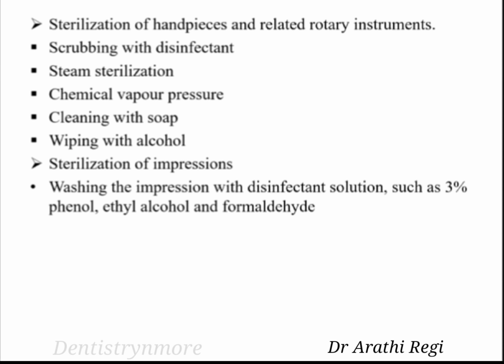And the sterilization of the handpiece and related rotary instruments by scrubbing with the disinfectant, steam sterilization, chemical vapor pressure, cleaning with soap, wiping with alcohol. And sterilization of impressions, that is washing the impression with disinfectant solutions such as 3% phenol, ethyl alcohol, and formaldehyde.